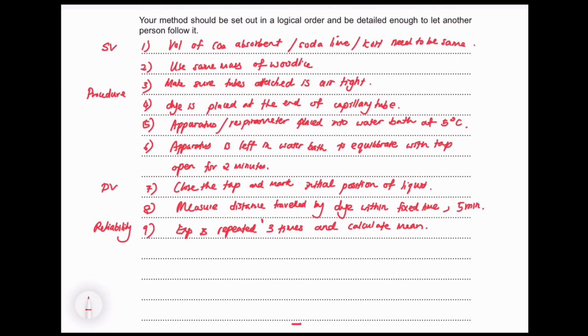And one precaution here is to ensure the reliability, we make sure that every time we want to carry out a new experiment, we will actually open the tap and allow the liquid to equalize and then close it again to take another measurement. It's like describing how do you reset the apparatus.